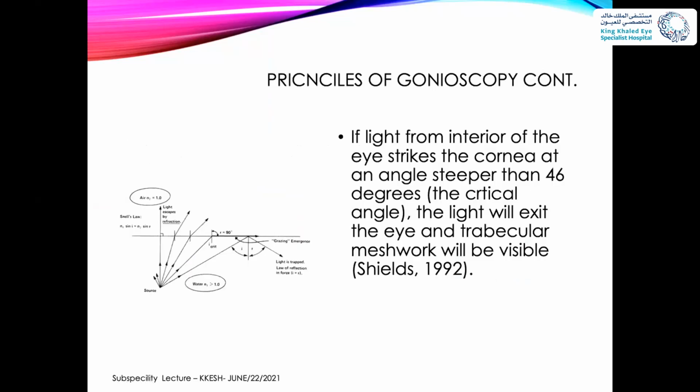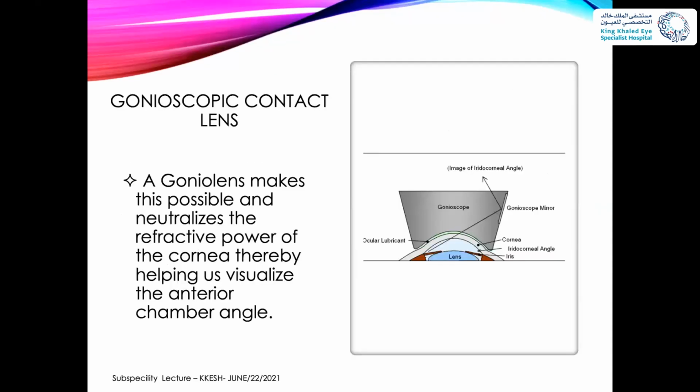To overcome this, due to the physiological aspects of gonioscopy, Shields suggested that this can be overcome by using contact lenses back in 1992. So we use a contact lens in order to overcome that, and therefore I'll be able as an examiner to evaluate the angle and see through the entire space there.